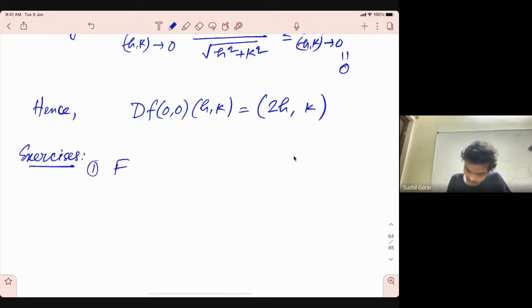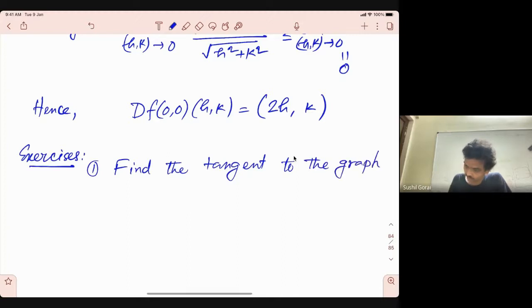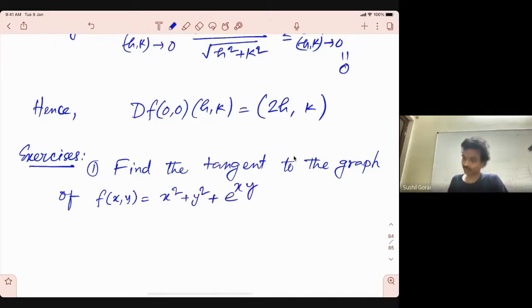Exercises. First, find the tangent to the graph of f(x,y) equals x square plus y square plus e to the power xy at (1,0,2).